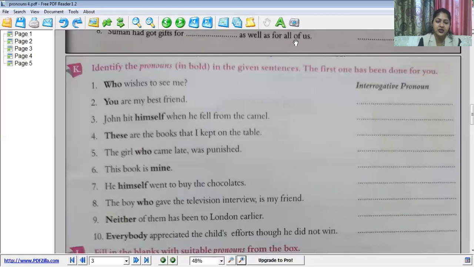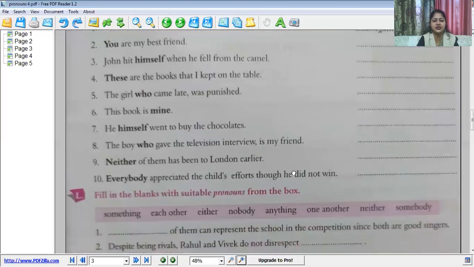Everybody is again indefinite. Neither of them, we had learned neither into distributive, so you can put this in distributive pronoun. Okay, children, the ninth sentence. Neither is distributive.